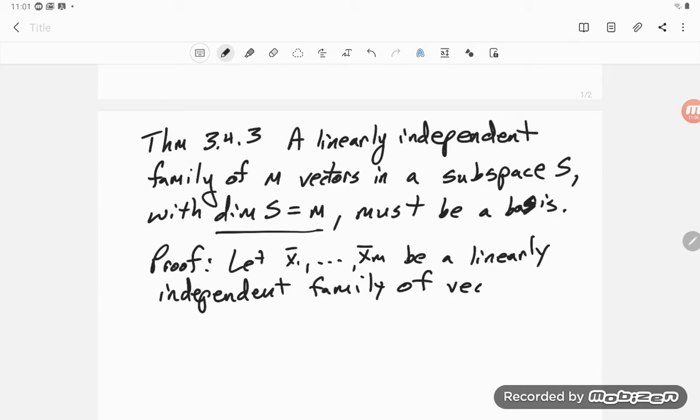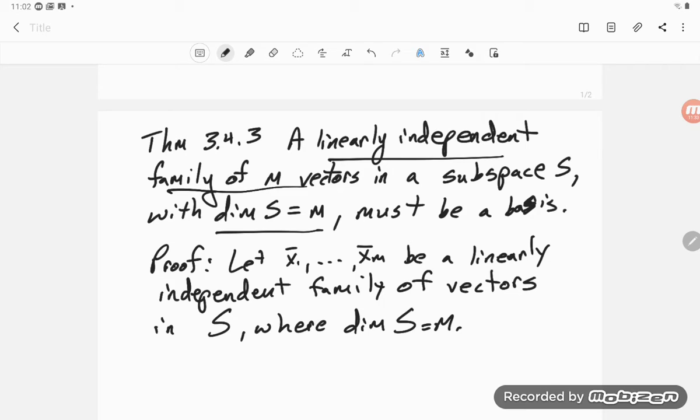Okay, so we've got our linearly independent family of vectors in S, our subspace, where we're just setting this up with the assumptions of the theorem. Linearly independent family of m vectors, so we have that in a subspace S with dimension m, so we've got that.